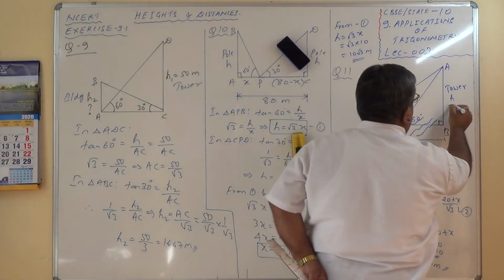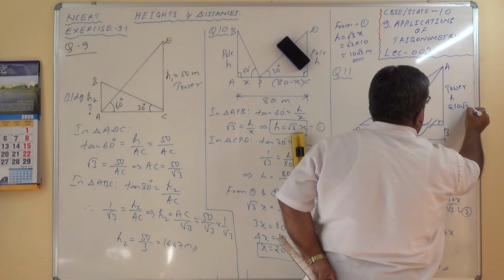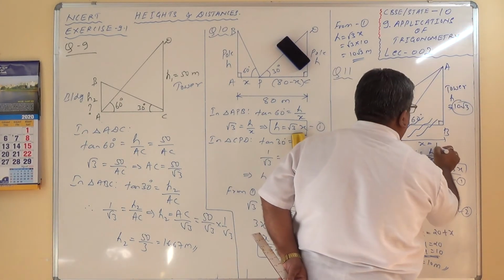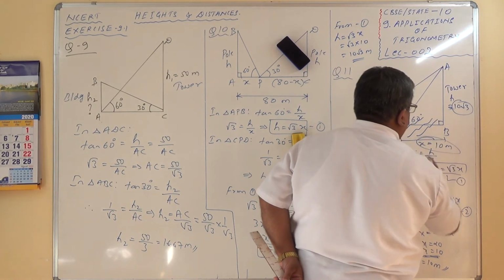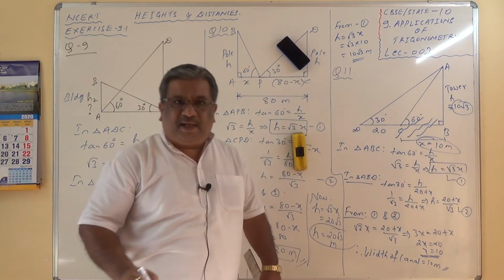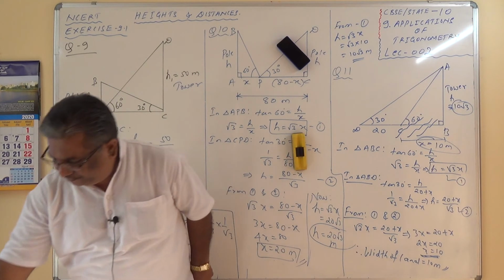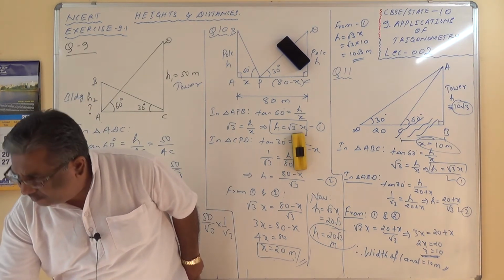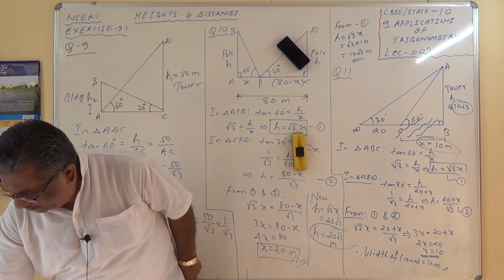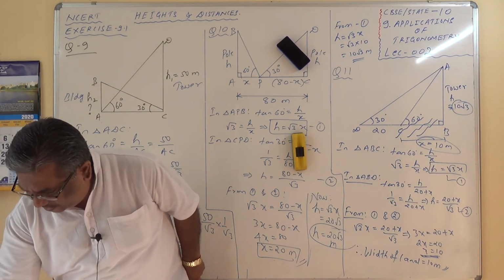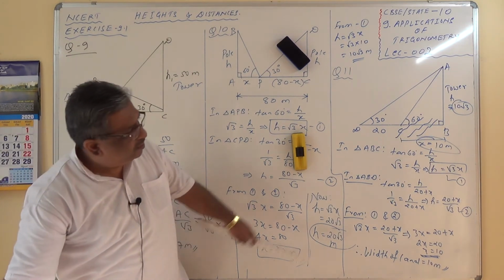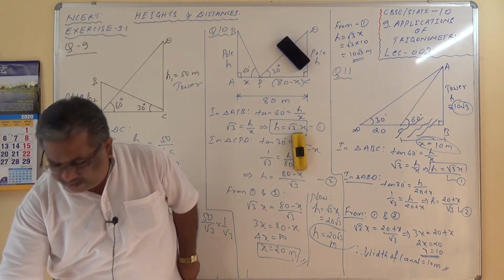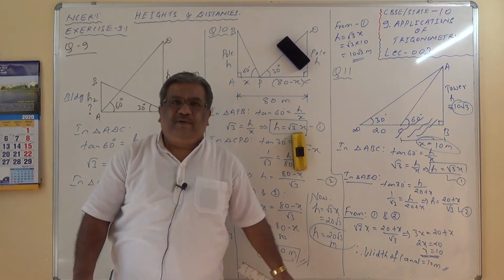So height we got as 10 root 3 meter, final answer, and x, we got 10 meter. This is the final answer. Just a moment, let me check it. Question number 11. Yes, height of the TV tower is 10 root 3 meter and width of the canal is 10 meter. Please make a note of this.